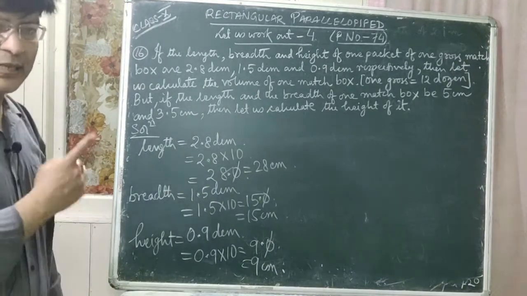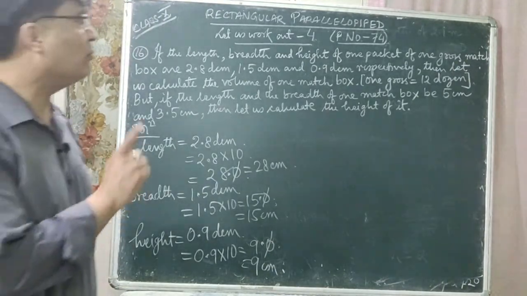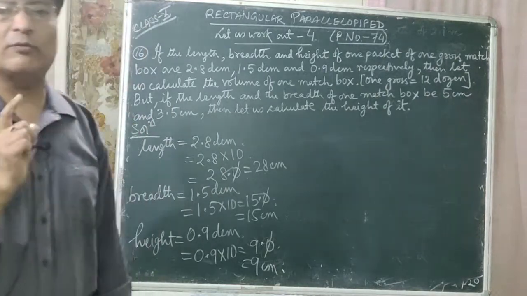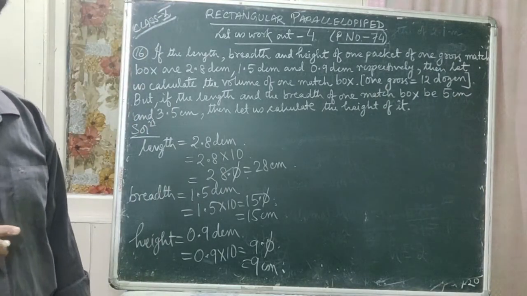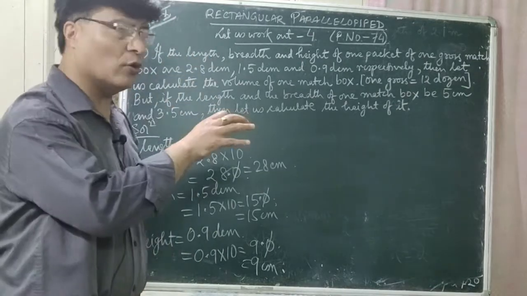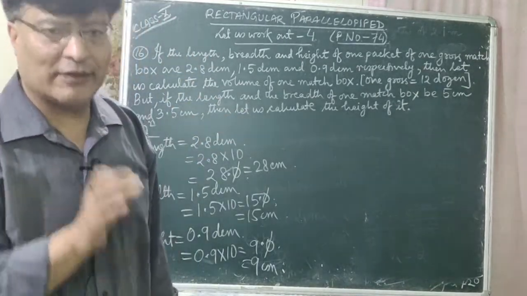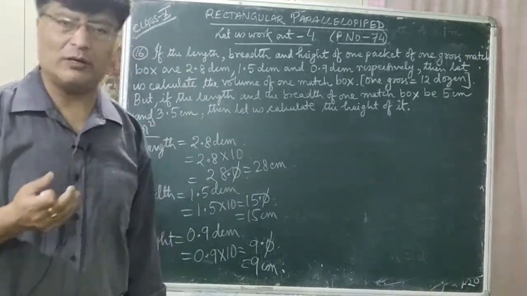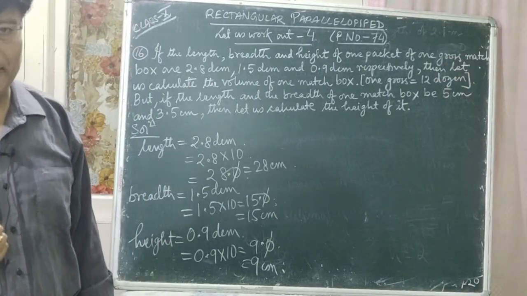Now let us find out the volume of one packet of one gross matchbox. यो whole packet को नै हामी के निकाल्नु? Volume निकाल्नु. तो यो whole packet के फर्म मा छ? Rectangular parallelopiped or cuboid shape मा छ.